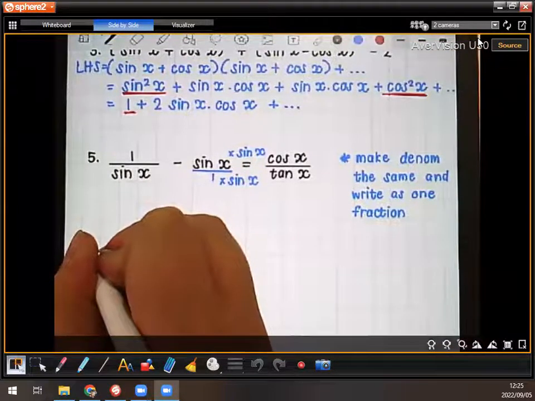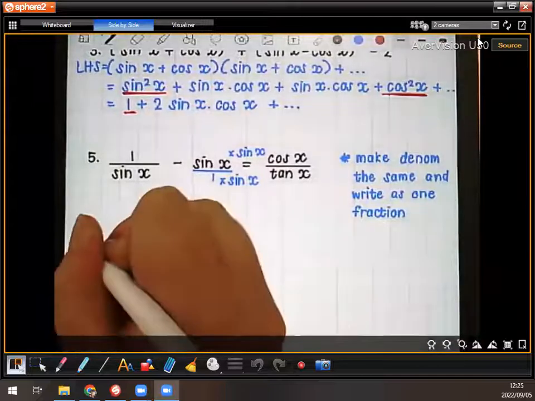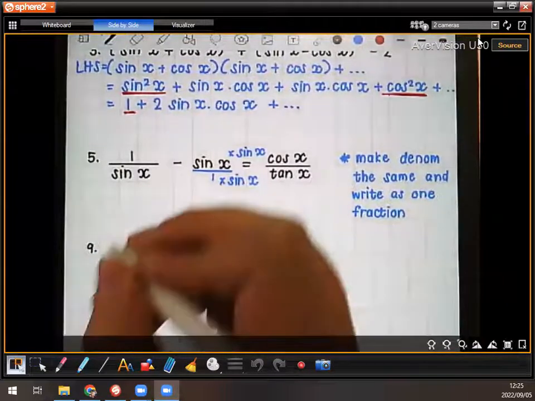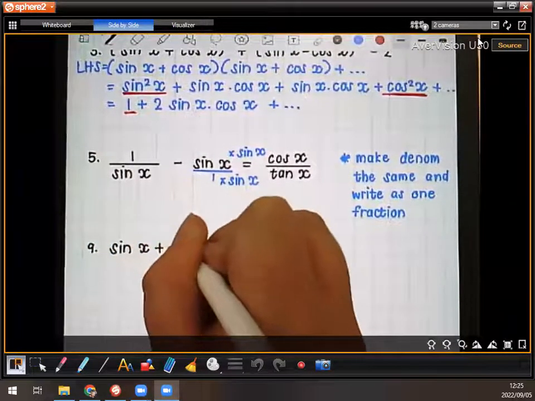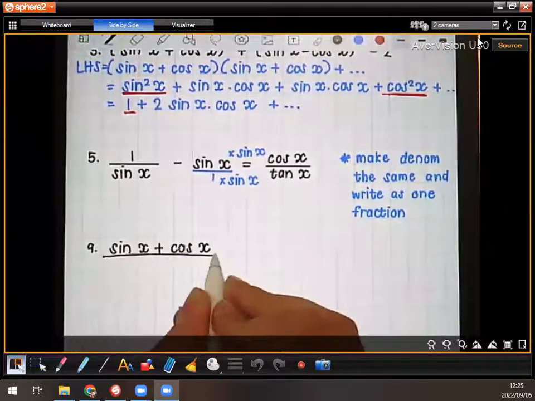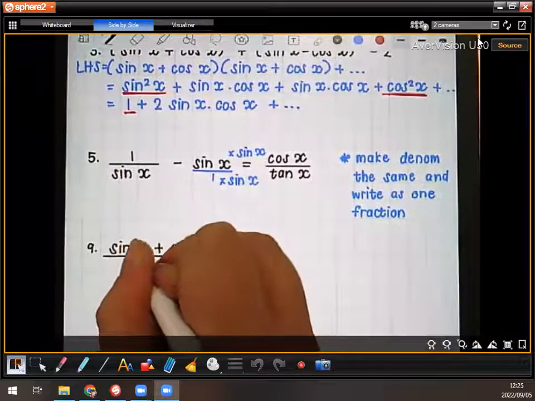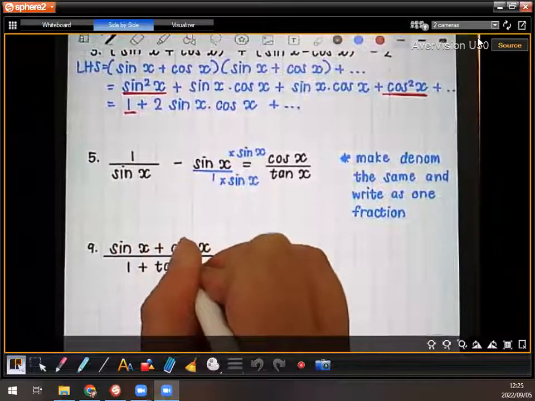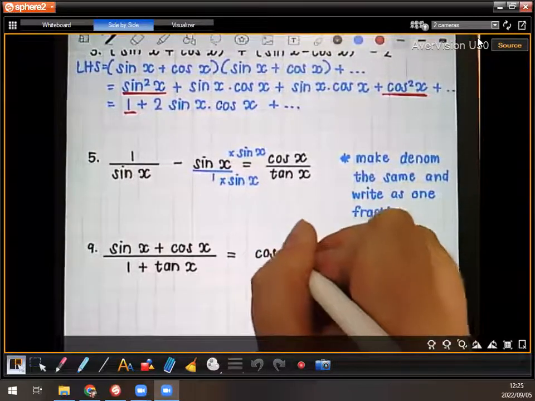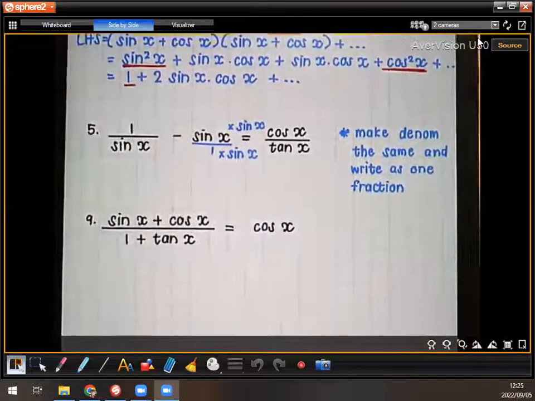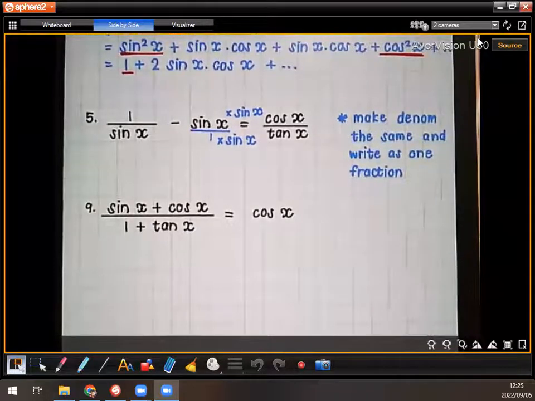And the next one that I said was 3 was 9. So that's the next one.